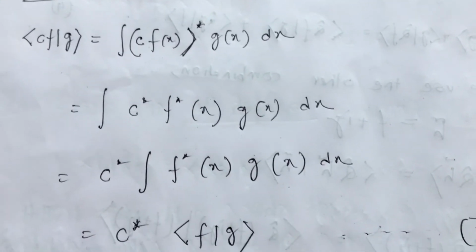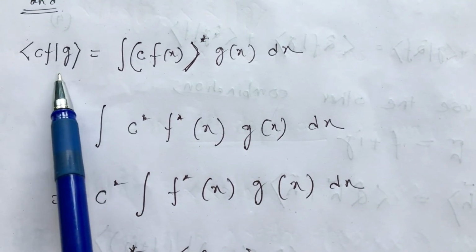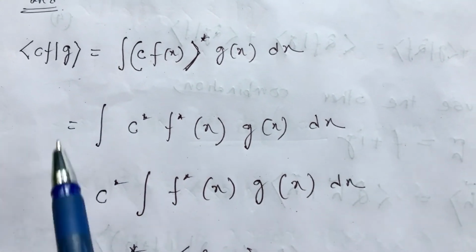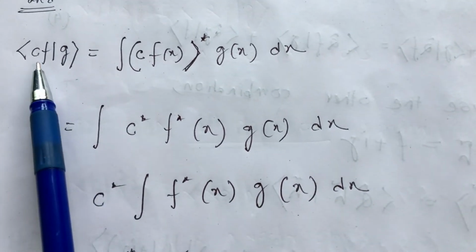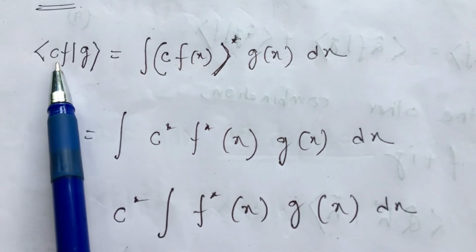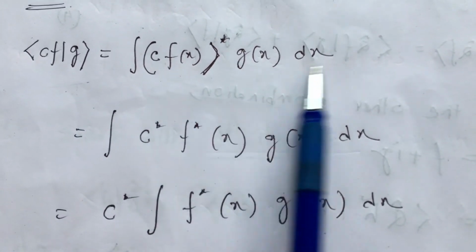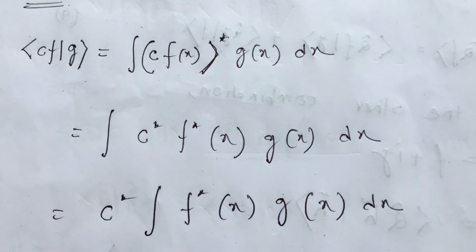Now I am using another property of the expectation value. As C is on the bra side, this could be written like this, with the integration symbol.